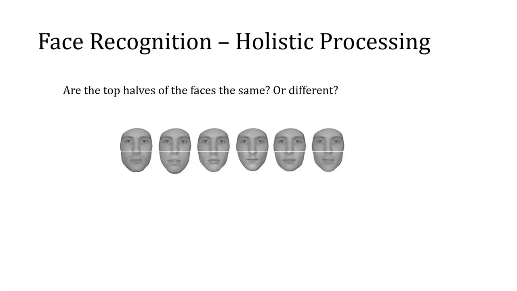Now let's take a little break from social cognition and come back to face processing. How does face recognition differ from object recognition? An important part of the answer is that face recognition involves more holistic processing. This is combining or integrating information across the whole object.